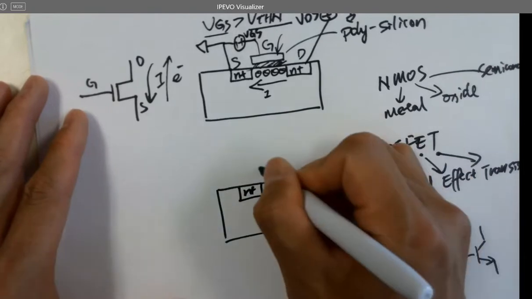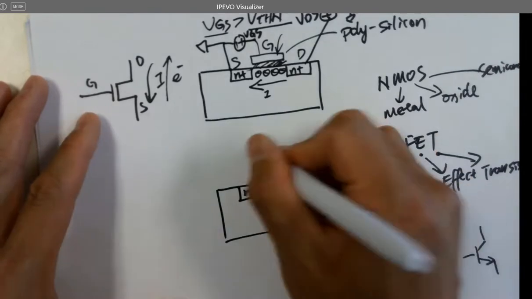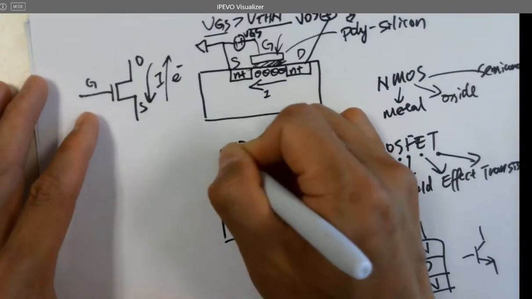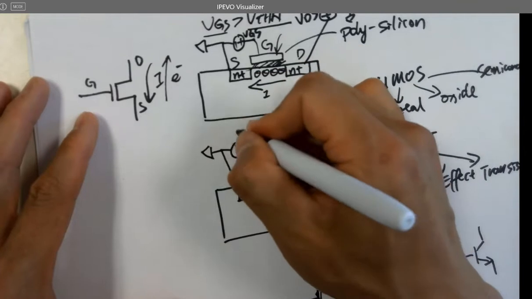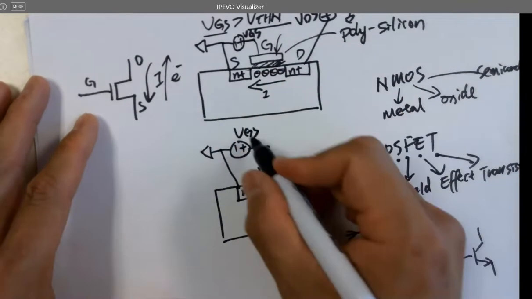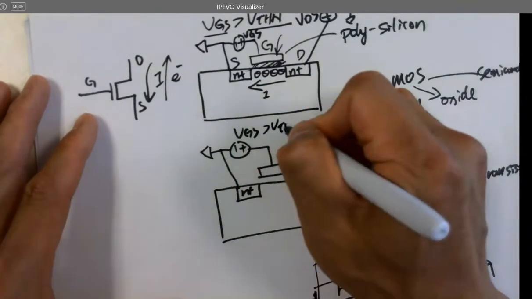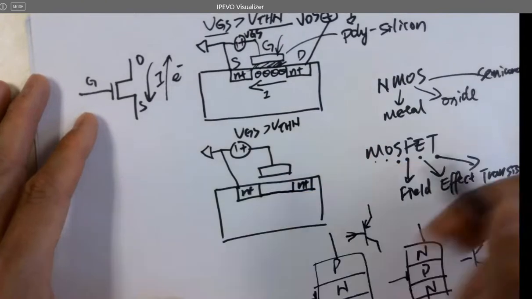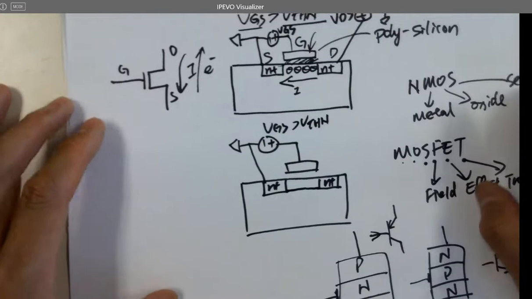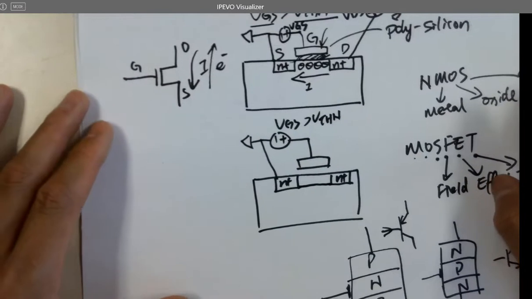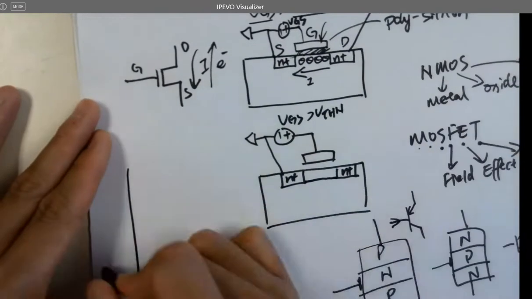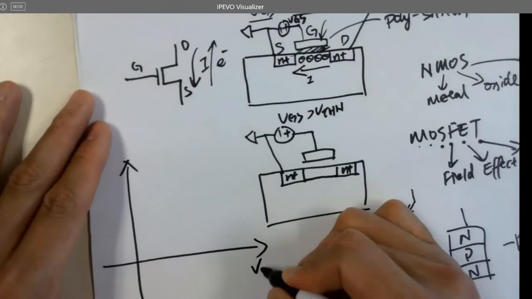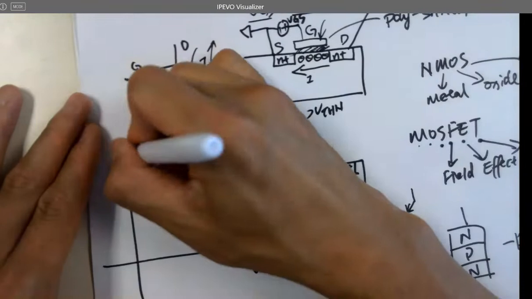So what really happens when you apply a voltage? After you apply VGS, which is larger than VTHN, it forms a channel here of electrons, right? And the curve of VDS over IDS.